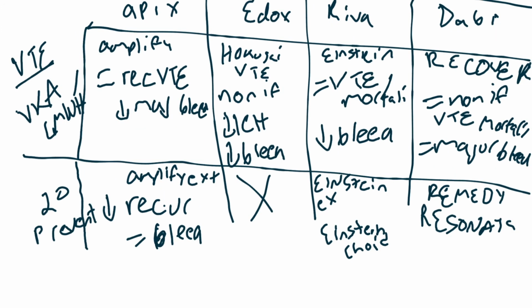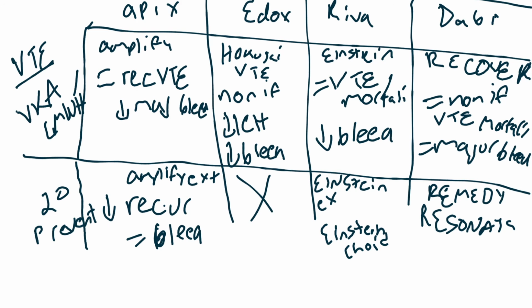Edoxaban is again not approved for this indication, and then the EINSTEIN-EXTEND and EINSTEIN CHOICE looked at rivaroxaban and compared placebo, aspirin, low-dose rivaroxaban, and high-dose rivaroxaban to each other, and showed that rivaroxaban at both low and high doses prevented VTE recurrence to a greater extent than aspirin.